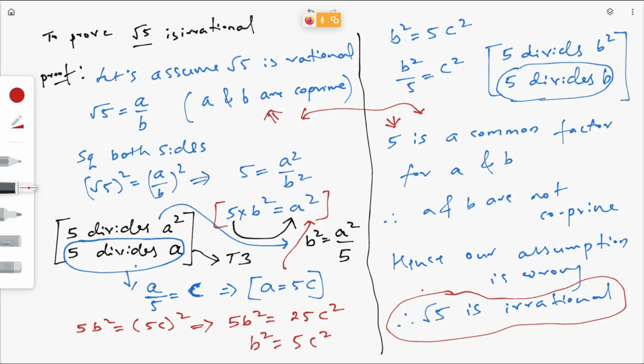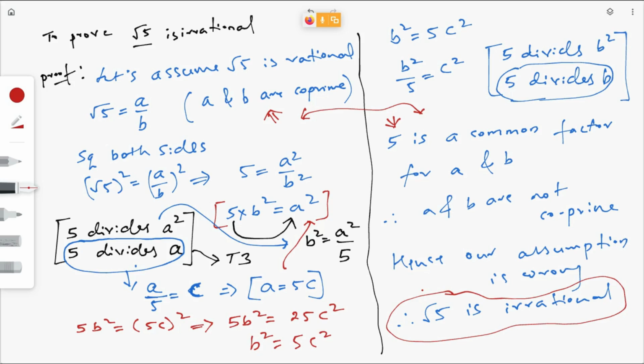But here we are just proving that. Now we have to prove it. Initially I don't know that root 5 is an irrational number. Let's assume we don't know that, so what do you assume? It might be a rational number.